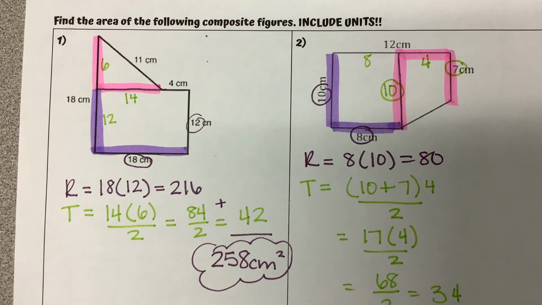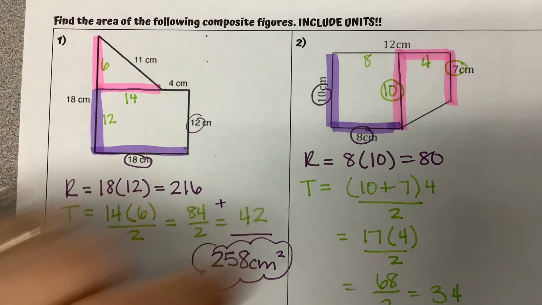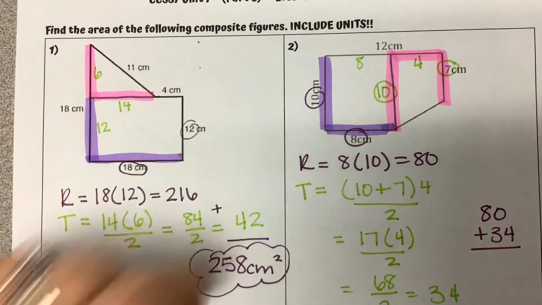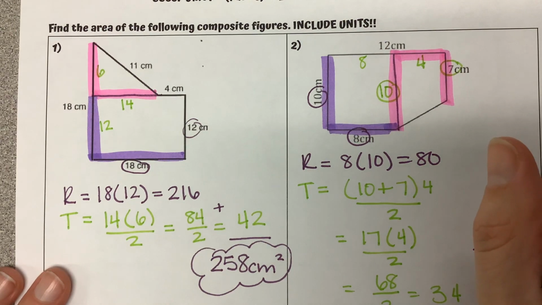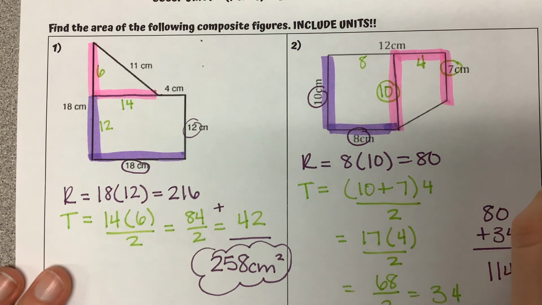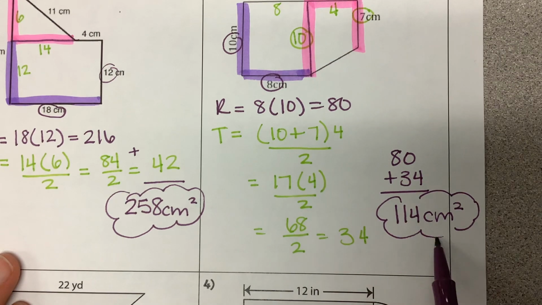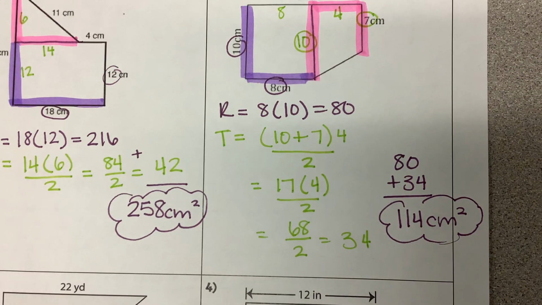So then for our total area, we are taking the 80 from the rectangle plus the 34 from the trapezoid to get a total area of 114 centimeters squared. Oops, I was off the paper for that. 80 plus 34 is 114 centimeters squared.